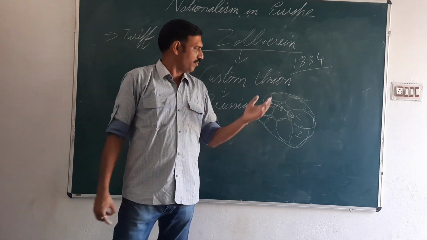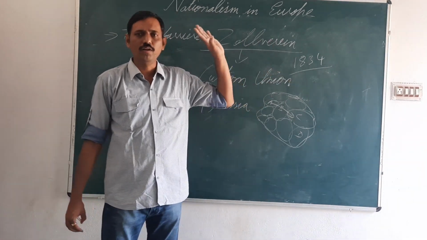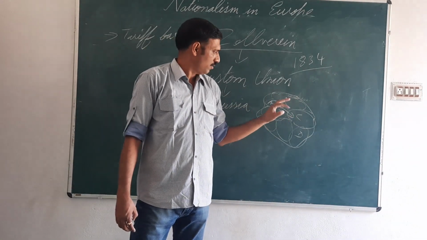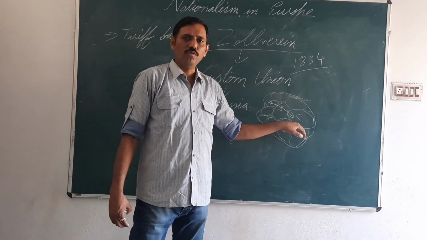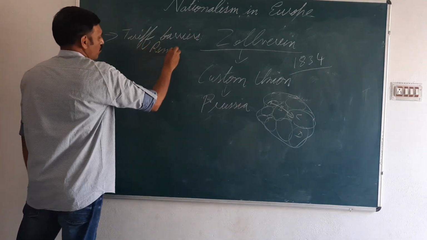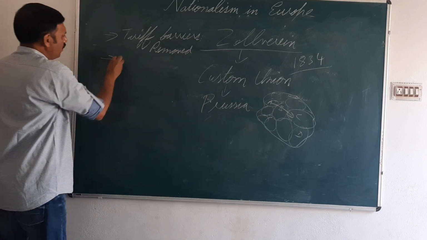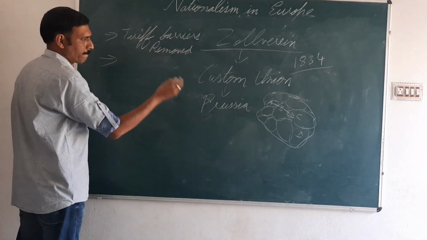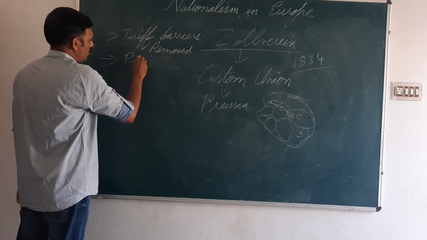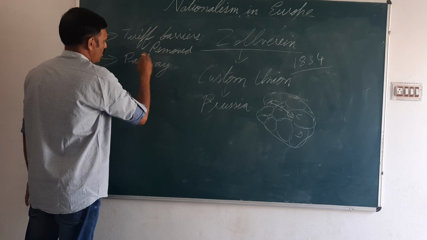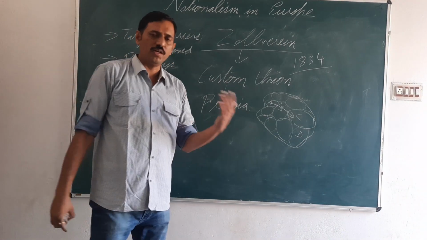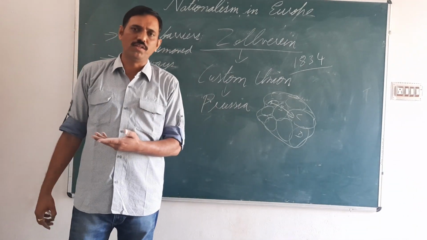It started in 1818, but finally in 1834 this Zollverein came into existence in the German Confederation. Customs duties were removed within this; tariff barriers removed. Second, railway lines developed, so people were able to move from one region to another.